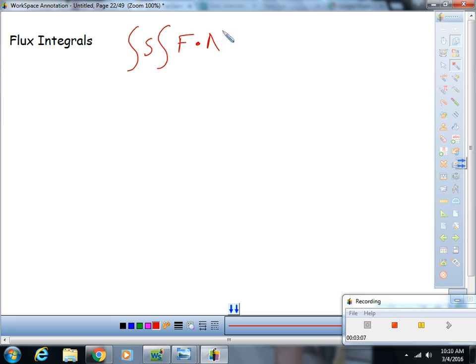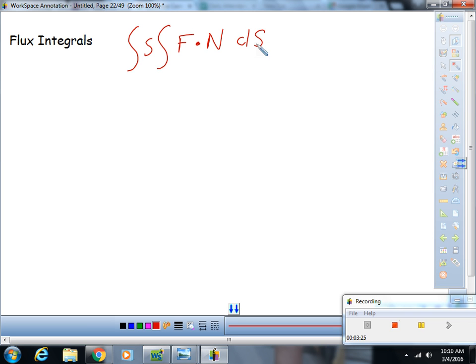We want to add up all the unit normal vectors. So what we're taking is the velocity of the fluid in the perpendicular direction to the surface. That's why we're using unit normal vectors. And then we're going to multiply that by all of the surface area over that field.